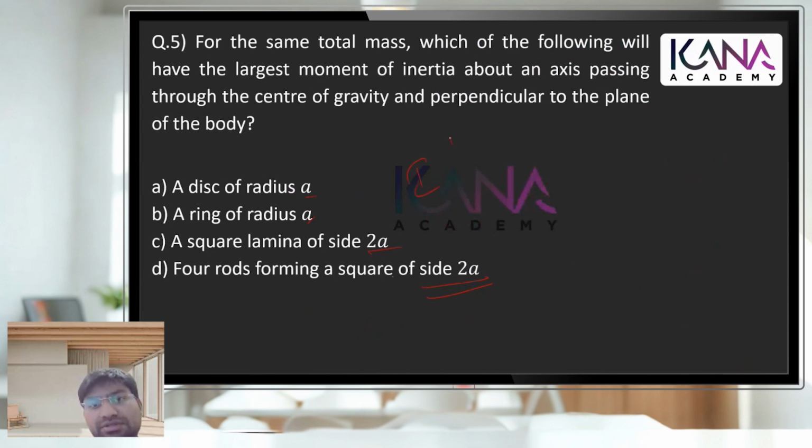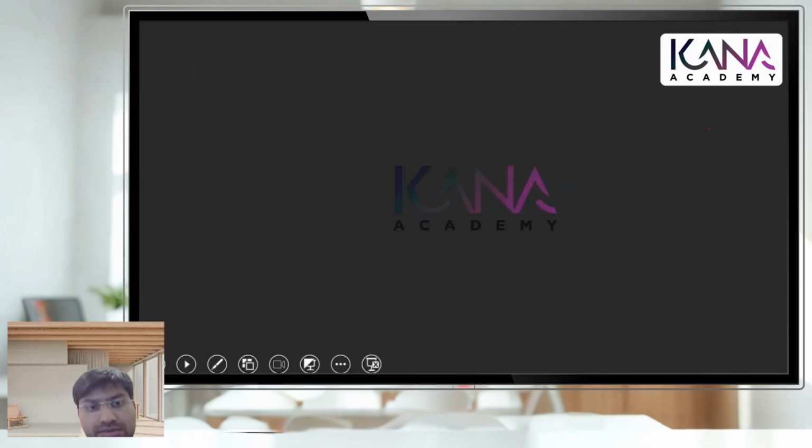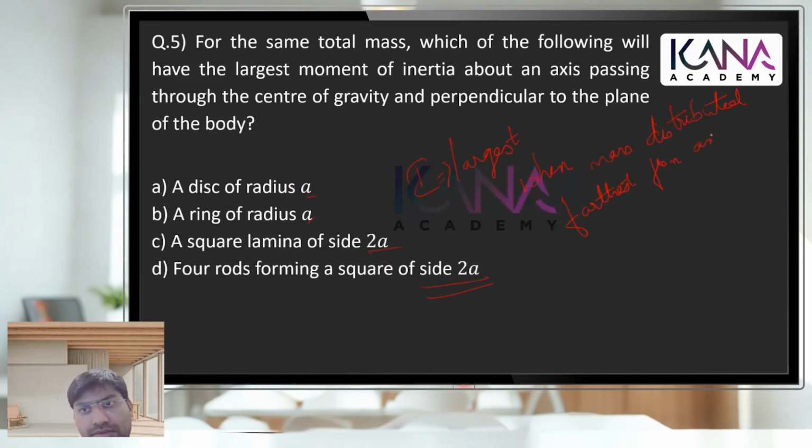I is largest. The moment of inertia is largest when mass is distributed farthest from the axis.